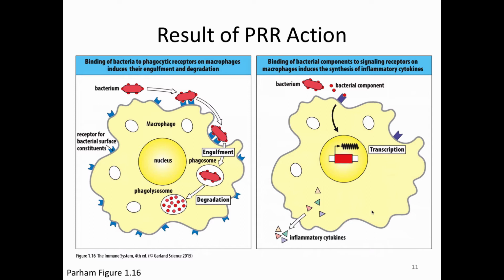So we can have phagocytosis of our microbe, leading to its degradation. We're going to talk about that a little bit. But in the case of our macrophage, we can also see signaling that leads to changes in transcription. And that will allow our cell to make some new products that can affect the immune system and actually get rid of the pathogen.